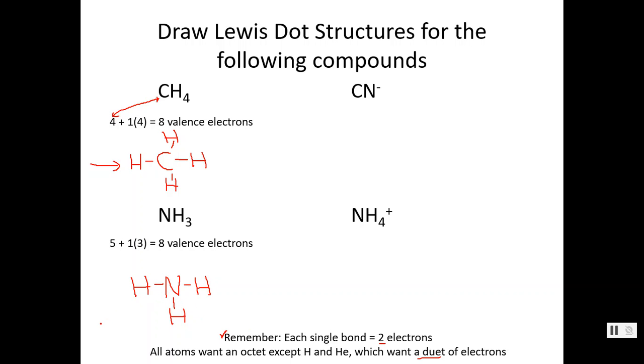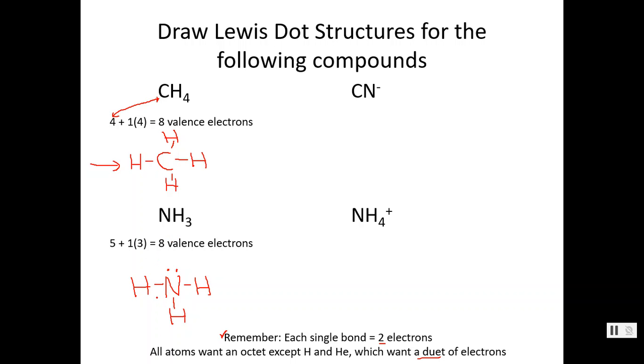So if you have the octets or the duets of your outer atoms completed, and you still have valence electrons that need to be placed, any extra electrons then get placed on the central atom. So in this case, my 7th and my 8th valence electrons will be placed as a lone pair on my central atom, which is nitrogen.